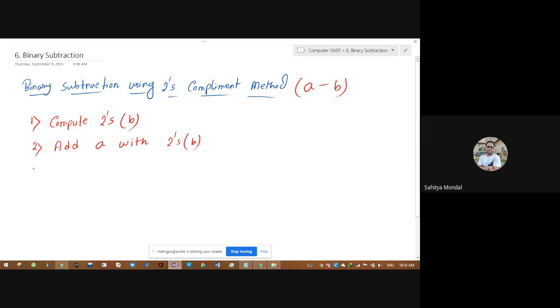Third step, if carry produces, discard the carry.